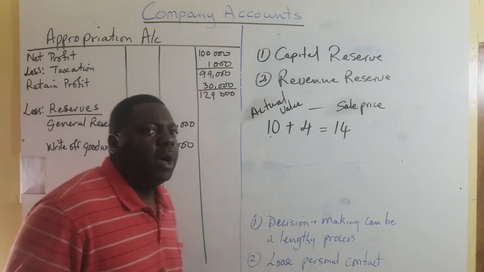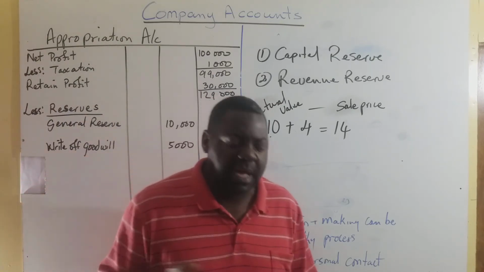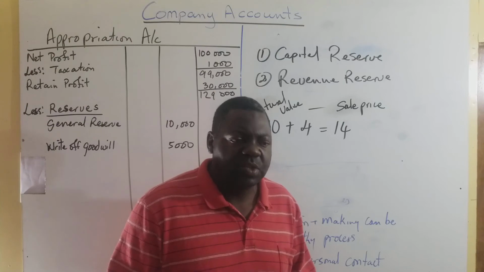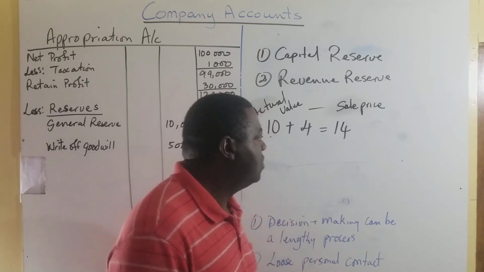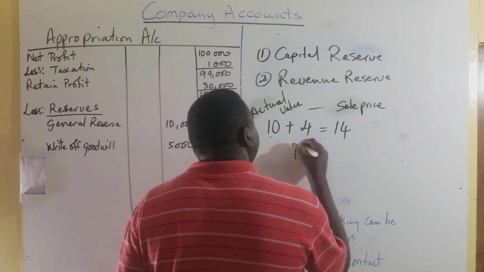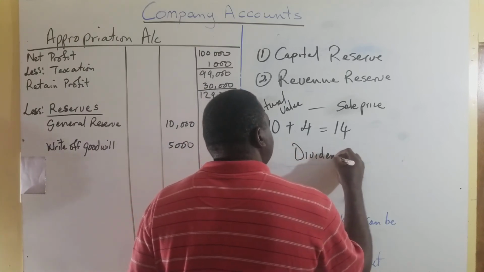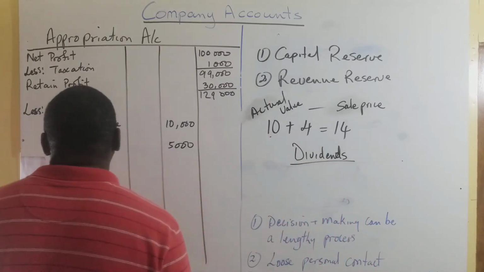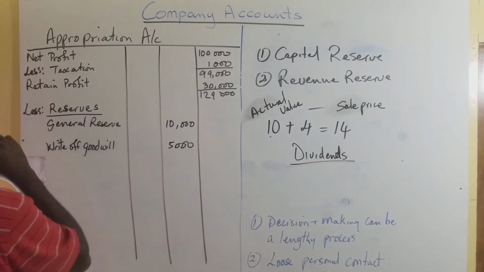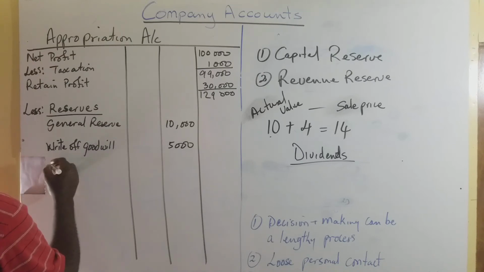Now, people go and buy shares in companies because they want to benefit. So the companies return some of the profits to the shareholders in the form of what is referred to as dividends. Yes, dividends. So we are going to be sharing the money, right?